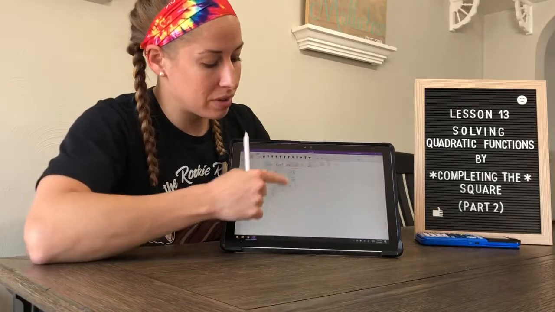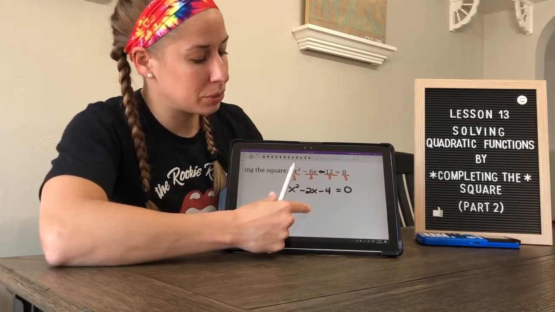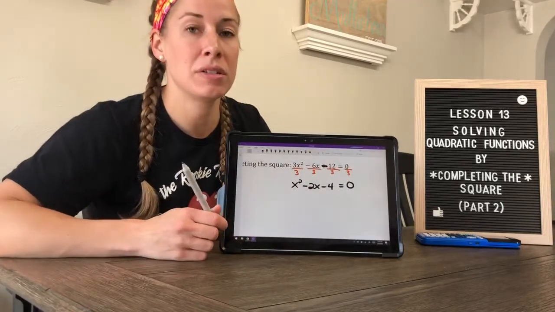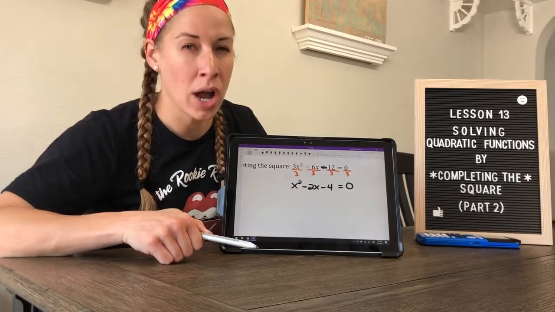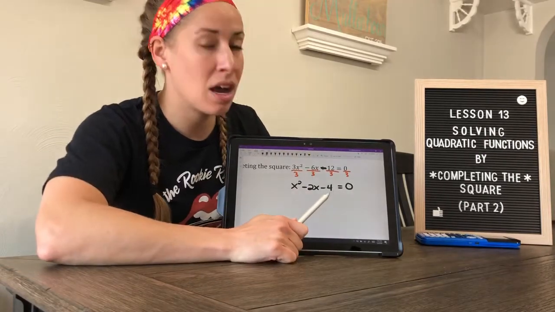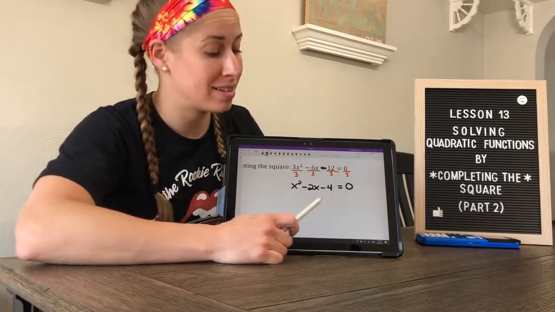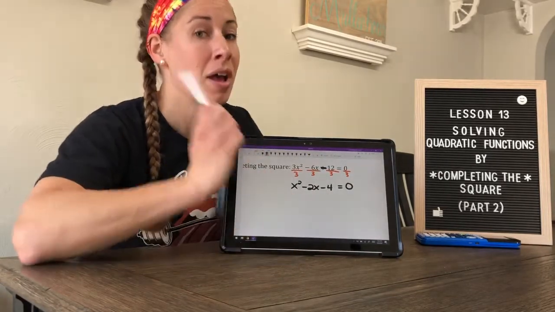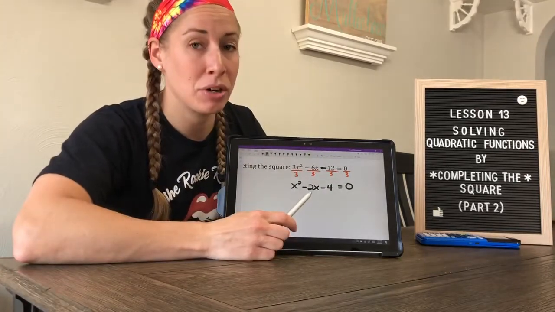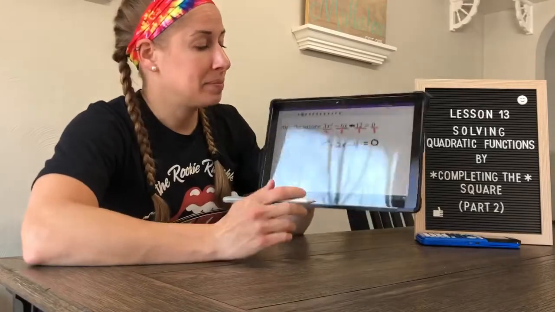If we were to do that with this example, we have 2, and half of 2 is 1, and 1 squared is 1. That is not a 1, that is a 4. So since that's not a 1, this is not a perfect square trinomial. It looks like it because that's a perfect square, but it's not because of that middle term being a 2. So we still need to move that 4 to the other side.